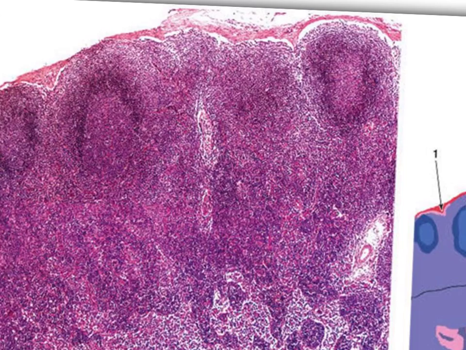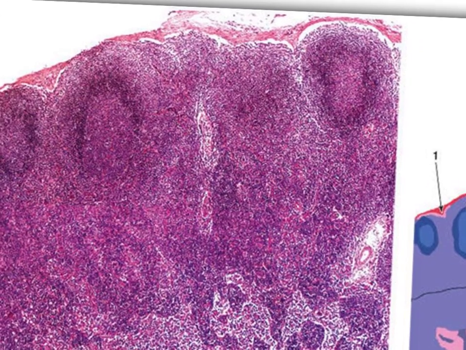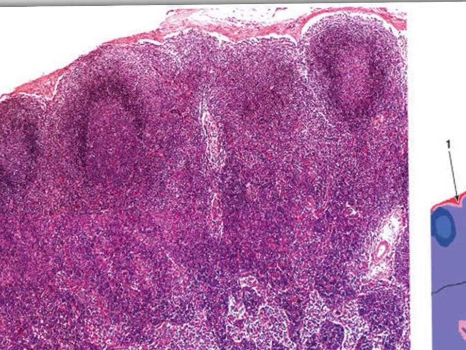Here we have the capsule, the subcapsular sinus, the lymph follicle. This is a trabeculum, and the white area near the trabeculum is the trabecular sinus. Also here we have a trabeculum and a trabecular sinus. So the trabeculum is red and the sinus is white.